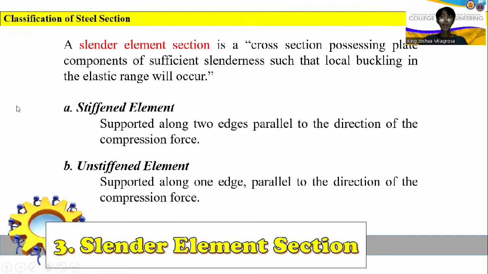Sabi ko nga kanina, may dalawang kind siya. First is yung stiffened element which is supported along two edges and parallel to the direction of the compression force. Yung unstiffened element naman is supported along one edge and also parallel din siya doon sa direction ng compression force.